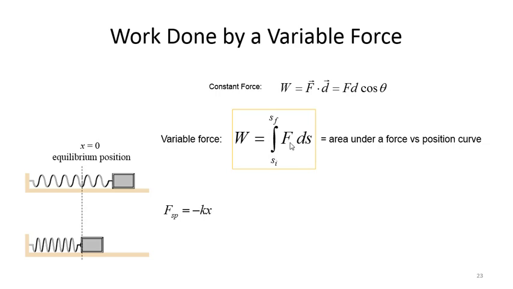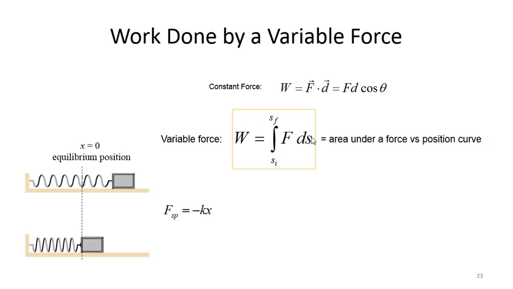If it bothers you that this is an S and you have no idea what's going on, just write this equation in terms of X. So this would be X initial and X final. And this would be F dx. Okay, so that would be your integral. Or you can also say this could be Y initial and Y final, and this should be F dy. That's what we're going to do when our force is variable, which is the case when we have a spring.